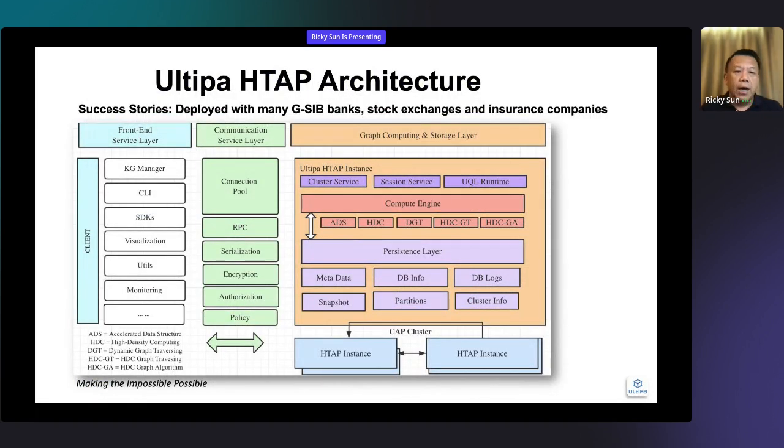So, okay, I'm going to introduce three types of architectures throughout this presentation. The most basic one is called Ultipa HTAP architecture. This architecture has been deployed with quite a few GSIBs. GSIB stands for globally systemically important banks, meaning large retail and commercial banks, and also stock exchanges and insurance companies.